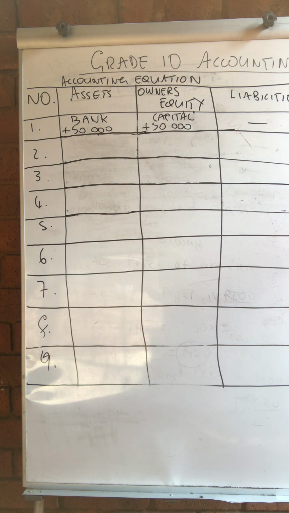Transaction number 2 tells us that the business purchased trading inventory to the amount of 15,000 rands via EFT, an electronic funds transfer, which means this transaction was made cash because money did leave the bank account of the business. If money is leaving the bank account of the business, that means our assets are decreasing.